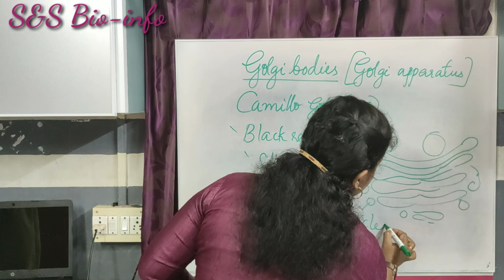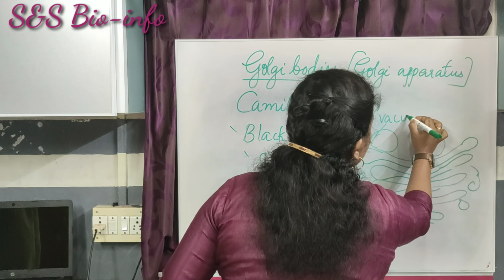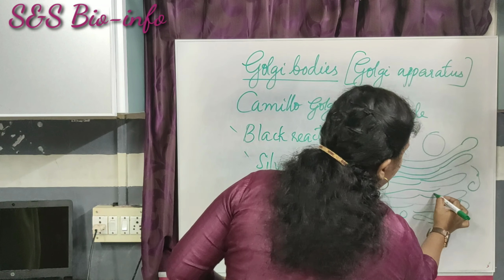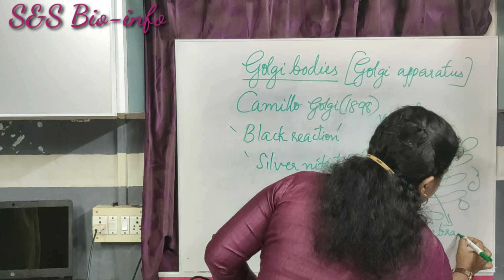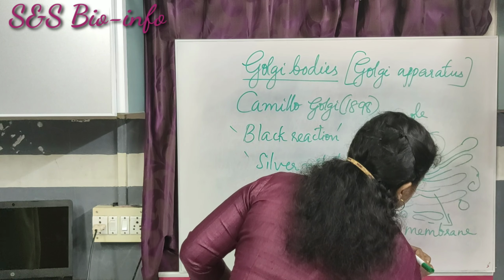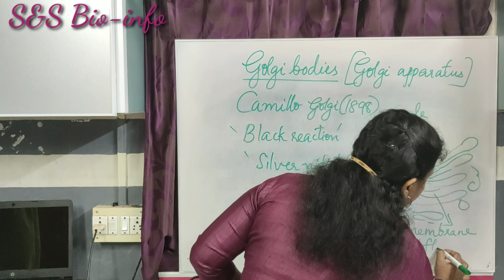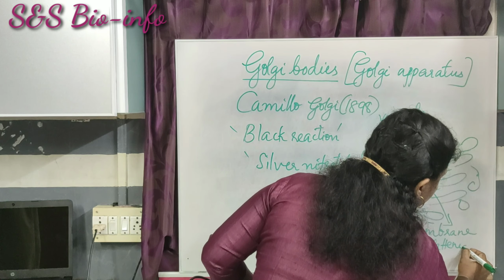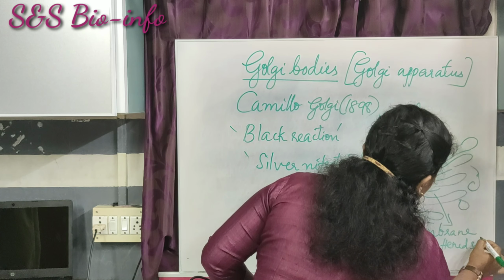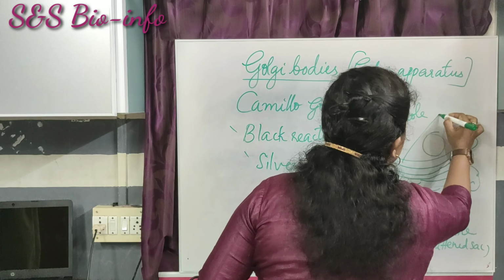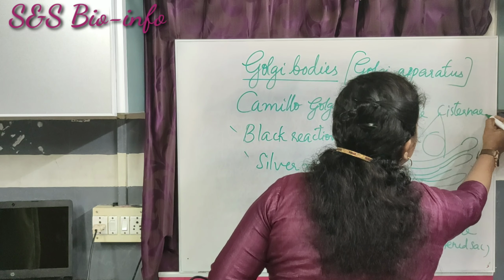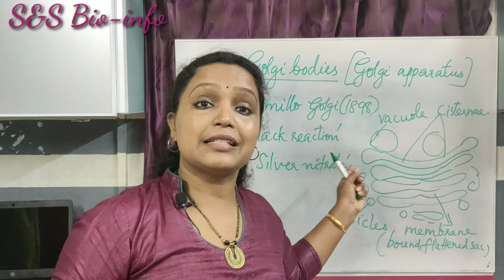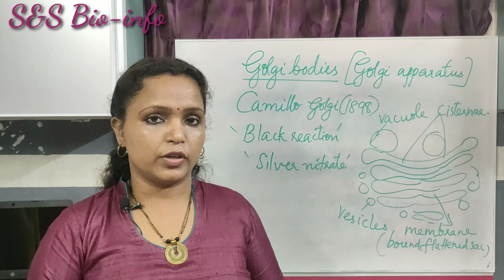These flattened sacs are known as cisternae. So this is the structure of Golgi bodies.